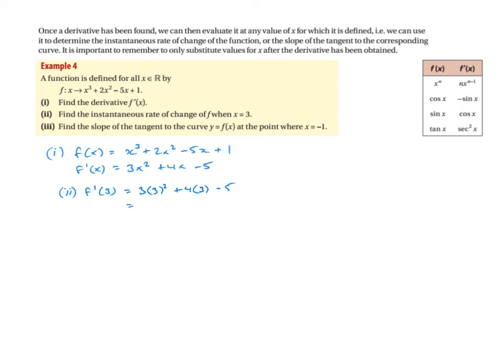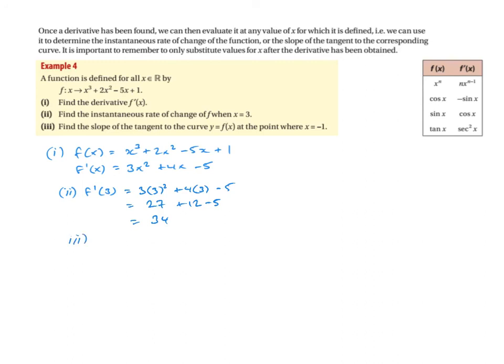So 3 squared is 9, 9 3s are 27, plus 12 minus 5, and that's 27, 39, 34. So the instantaneous rate of change at the point when x is equal to 3 is 34. So that's also the slope of the tangent.